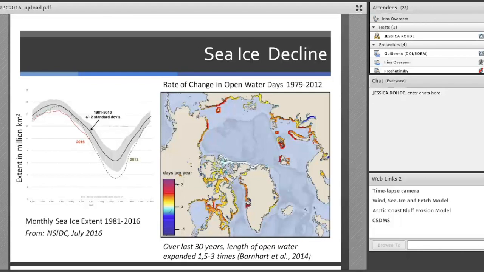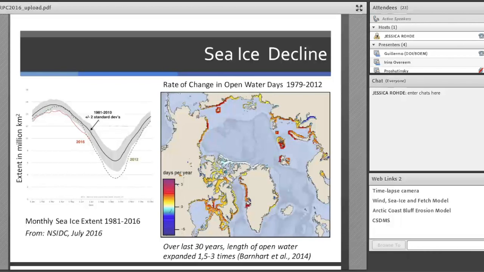And the way we express this is in open water days, and I'll use that throughout this talk, because that seemed a metric that is of importance for a lot of the things that happen at the coast, like coastal erosion that I'll be talking about, or perhaps how much shipping can happen there. It could be, for ecologists, how long the time is that polar bears spend on the land.